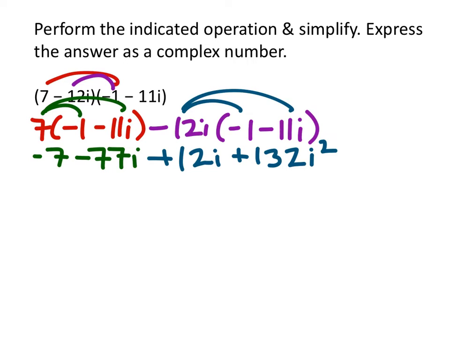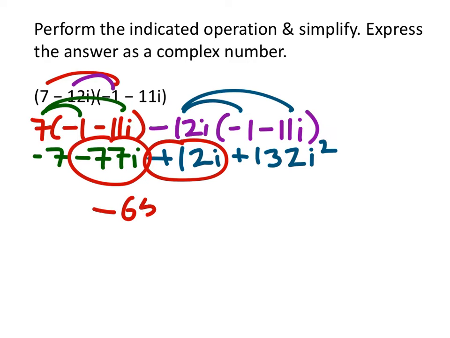Well, from here, we should hopefully see that we got these two like terms, the i's. So I got negative 77 i's and positive 12 i's, which would give me negative 65 i's. And I do have that negative 7 leading in the front. But this i squared is really negative 1, right?